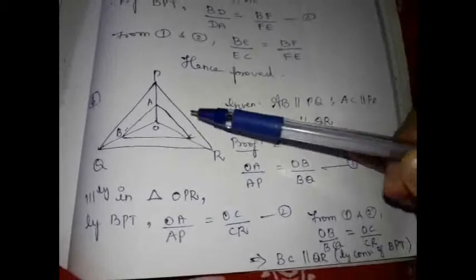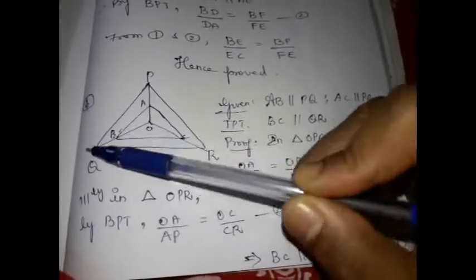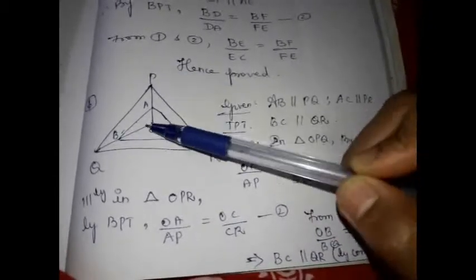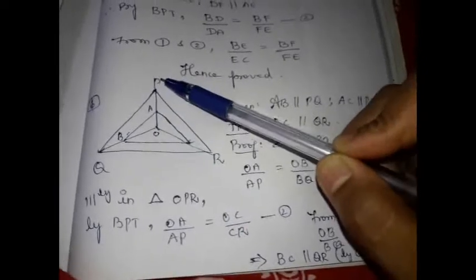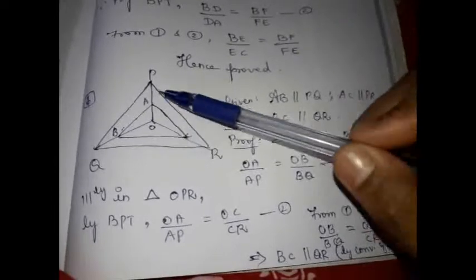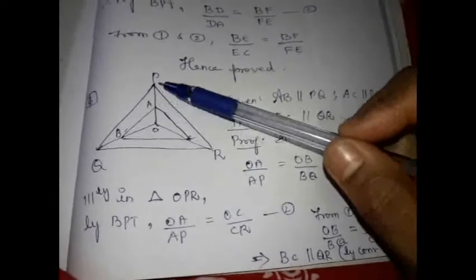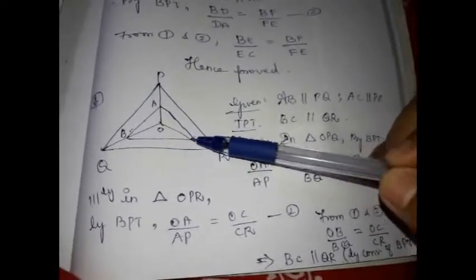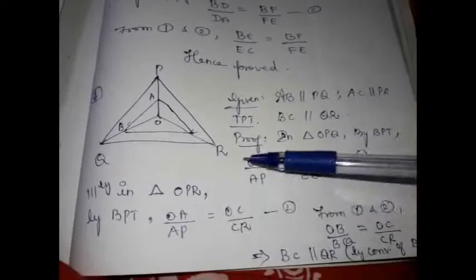We write the ratio. AB is parallel to PQ. Therefore, OA by AP equals OB by BQ. Similarly, in this triangle, OA by AP equals OC by CR. So from 1 and 2, we can arrive at the required relation because these two are equal.